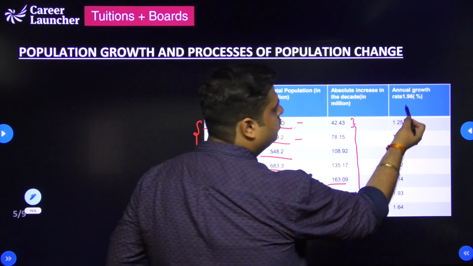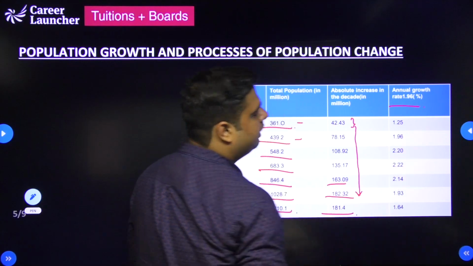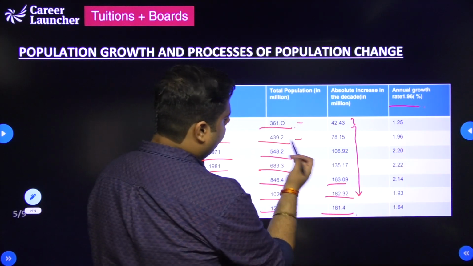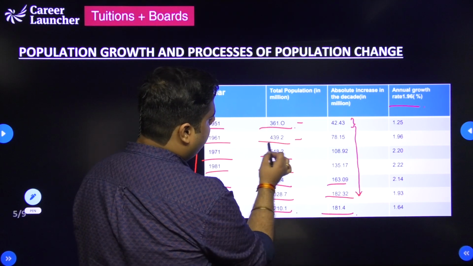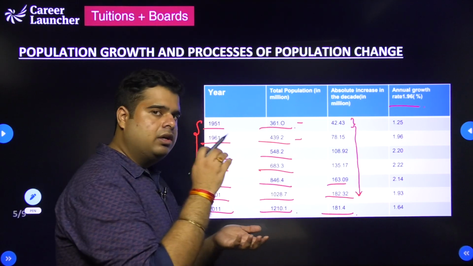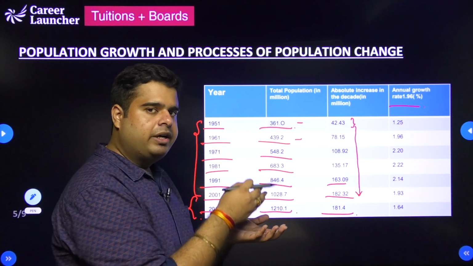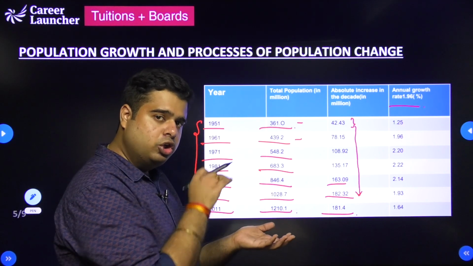Okay. This one gives us the annual growth rate percentage. So what happens in that? We do the calculation by subtracting the old figure from the new figure, divided by the new figure, into 100.